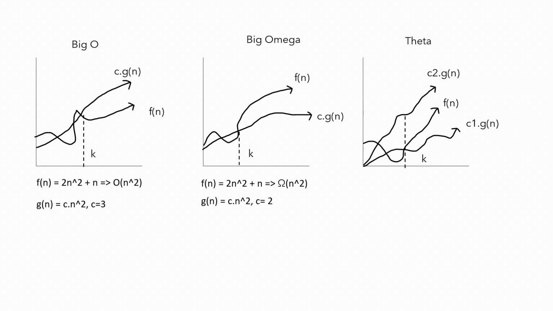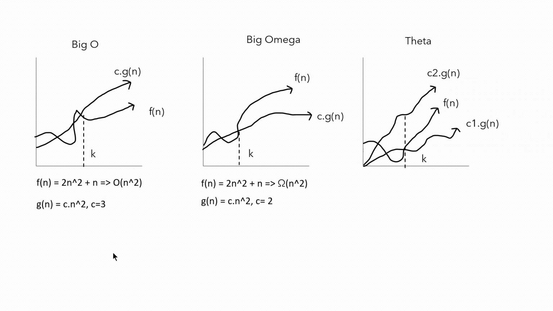Now for big omega notation, it is the exact opposite of big O, where big O is the worst case scenario and big omega is the best case scenario, or the lower bound of an algorithm's growth rate. We write it as F(n) = Ω(G(n)). This time we choose G(n) such that F(n) is always greater than or equal to c times G(n) for some constant c.